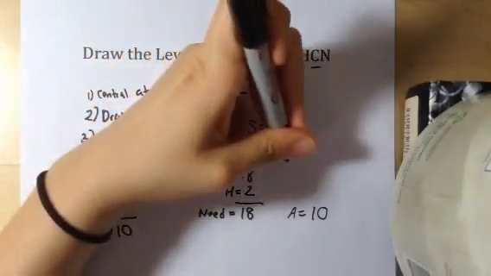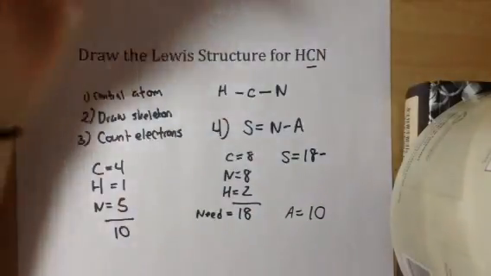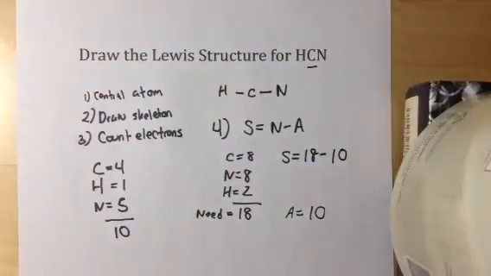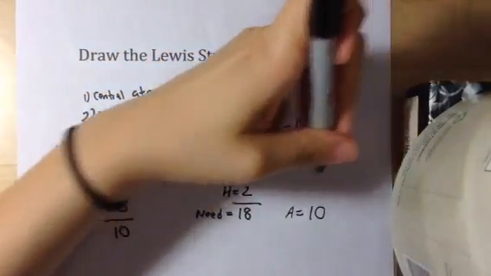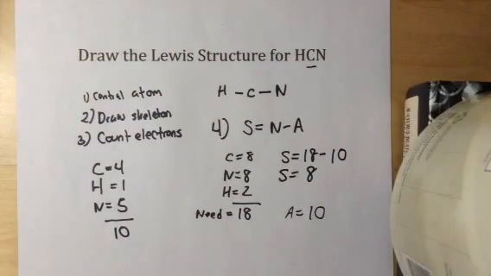Therefore, our shared is 18 minus 10. Shared equals 8. So that tells us there's going to be 8 shared electrons in this problem. Each bond consists of 2 electrons.